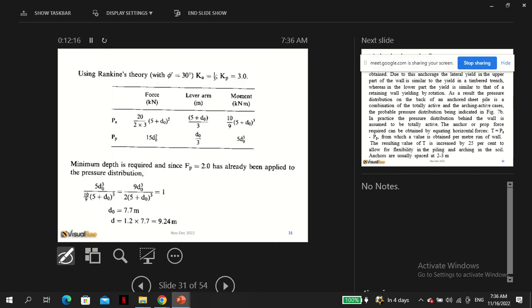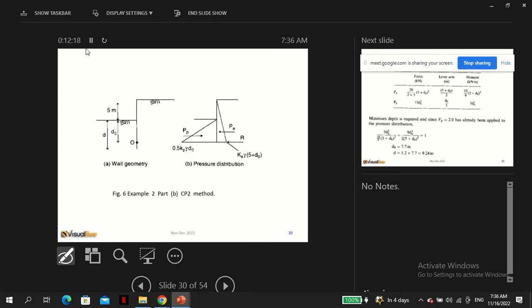So Ka is a third, so that would be a half times the third times 20 into 5 plus d naught. So that is the half base times height. So 5 plus d naught.